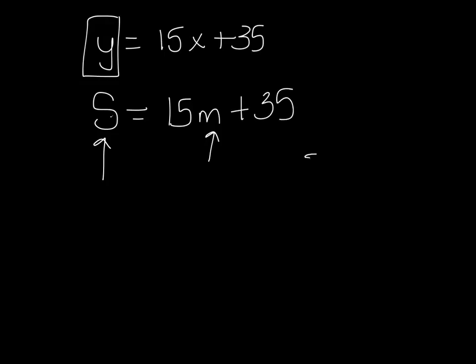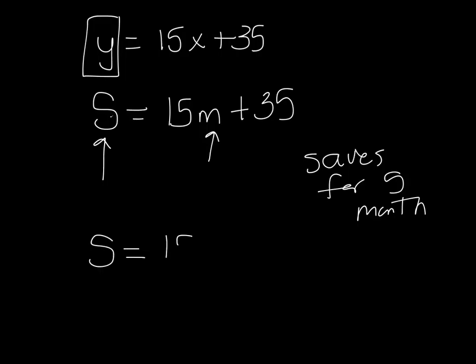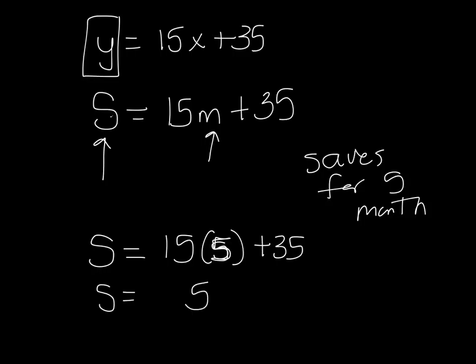So say this person saves for 5 months, and then I want to know how much money he has saved at the end of 5 months. So I would go 15 times 5, and I'm adding that on to the 35 that he already has. 15 times 5 is 75, added on to the 35 the person already had saved, and this person has $110.